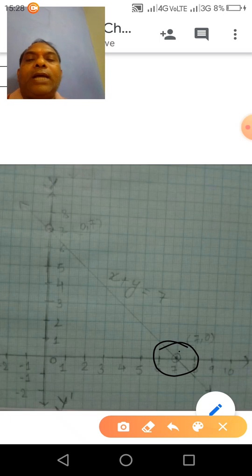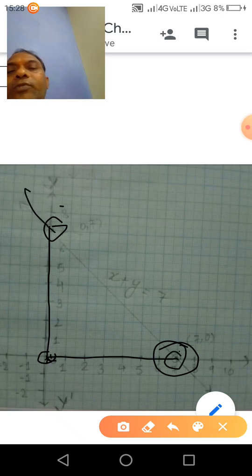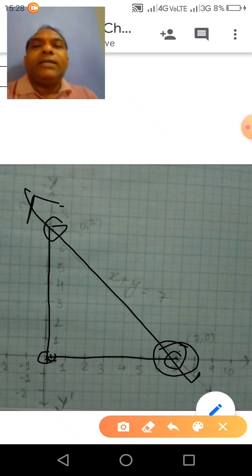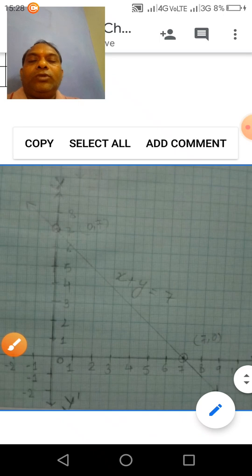Clear? I repeat again, x 0 here, then y 7 means this one point. Clear? x 7 means this, then y 0, then this one point. Now join these 2 points, then you have the equation of the line x plus y is equal to 7. Clear? So you can plot the graph easily.